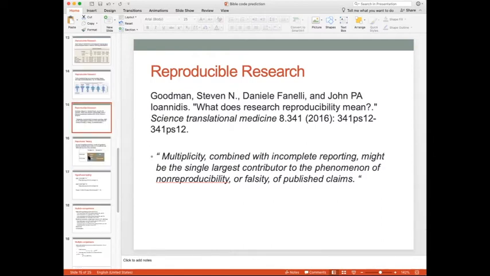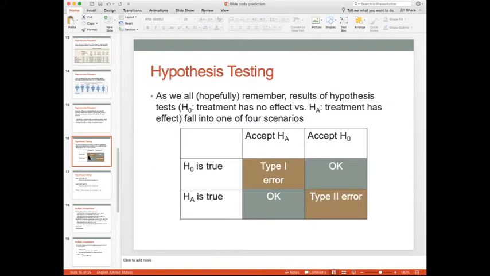Next, let's talk about how we handle multiple hypothesis testing in statistical analysis. In the hypothesis testing context, we generally formulate null hypotheses and alternative hypotheses.